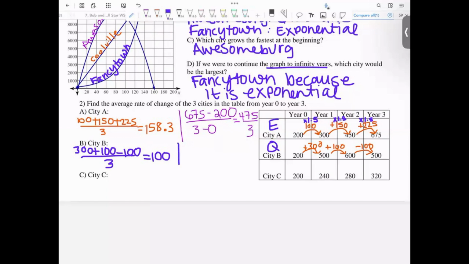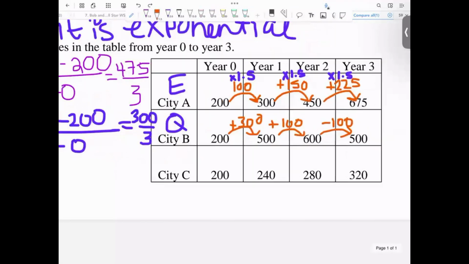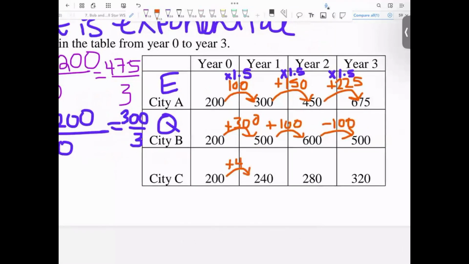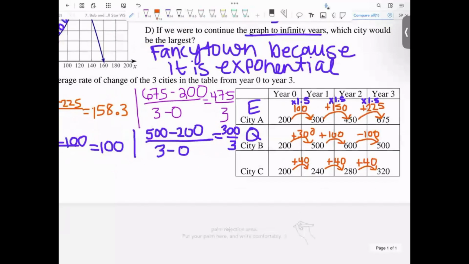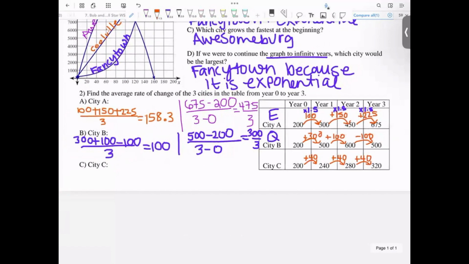Right? Or we can use our slope formula. We say y minus y over x minus x. And we get 300 over 3, which is still 100. All right. And then our last one, when we look at this one, we go up by 40, and then we go up by 40, and we go up by 40. So since this one is adding the same amount every year, this one is going to be linear.